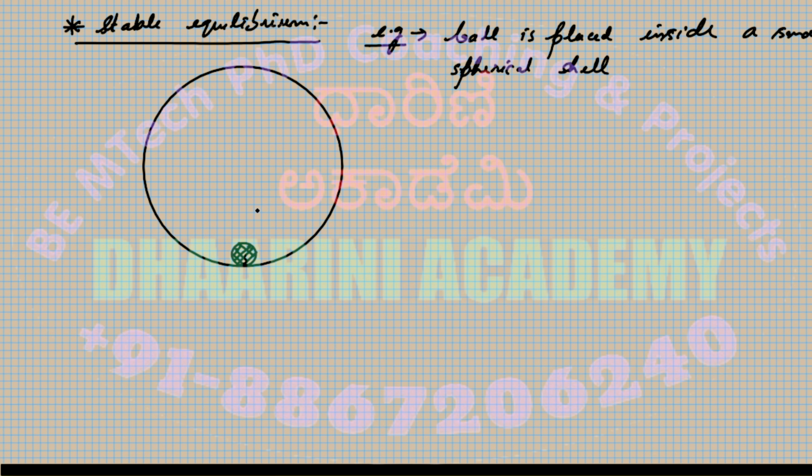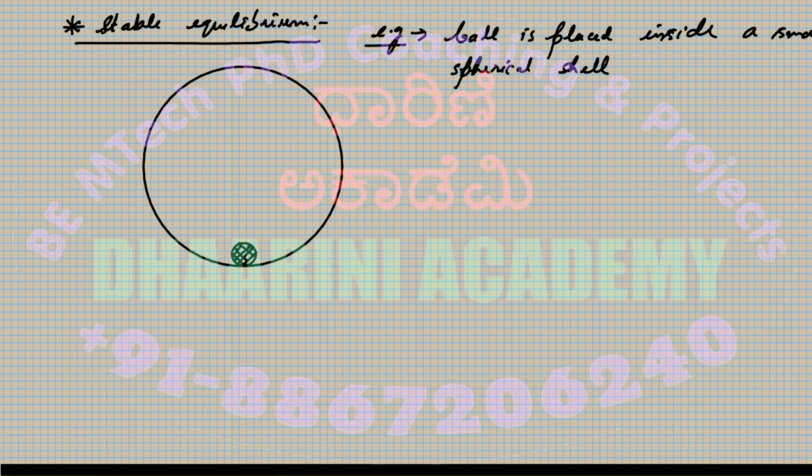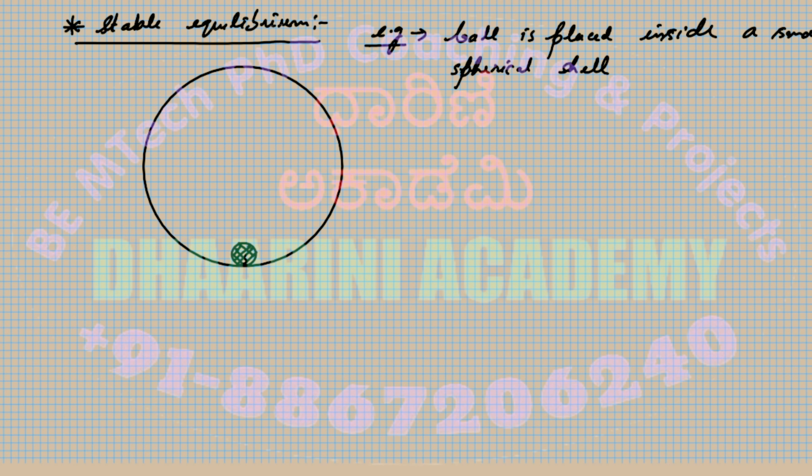The bigger circle corresponds to the spherical shell, and inside that we placed a ball. At this particular position, it's very clear that the system is in equilibrium and it is a stable equilibrium, because unless we move either the outside shell or the inside ball, the whole system is not going to move. It is fixed. So this kind of equilibrium is considered to be stable equilibrium.